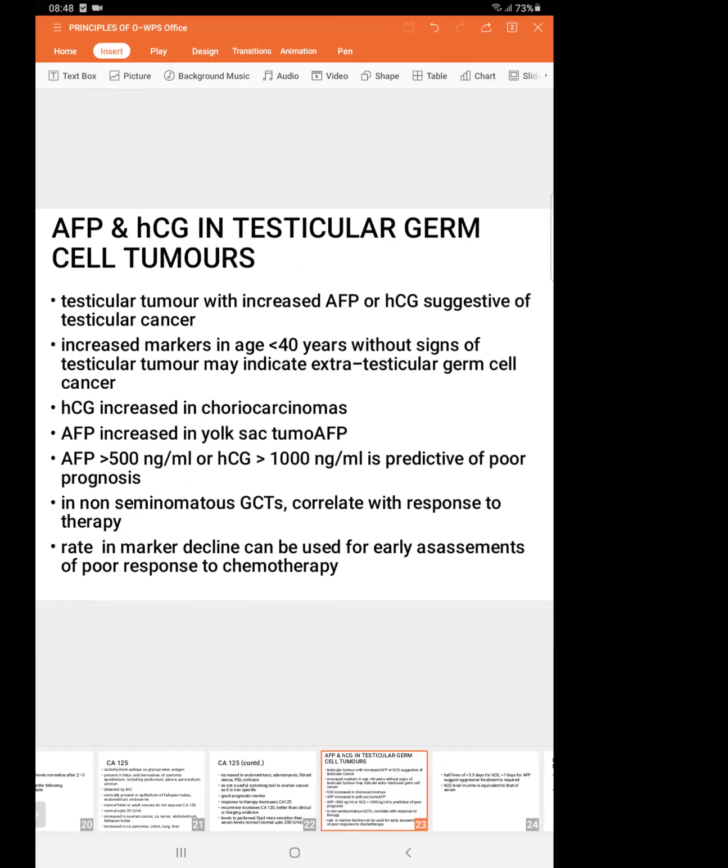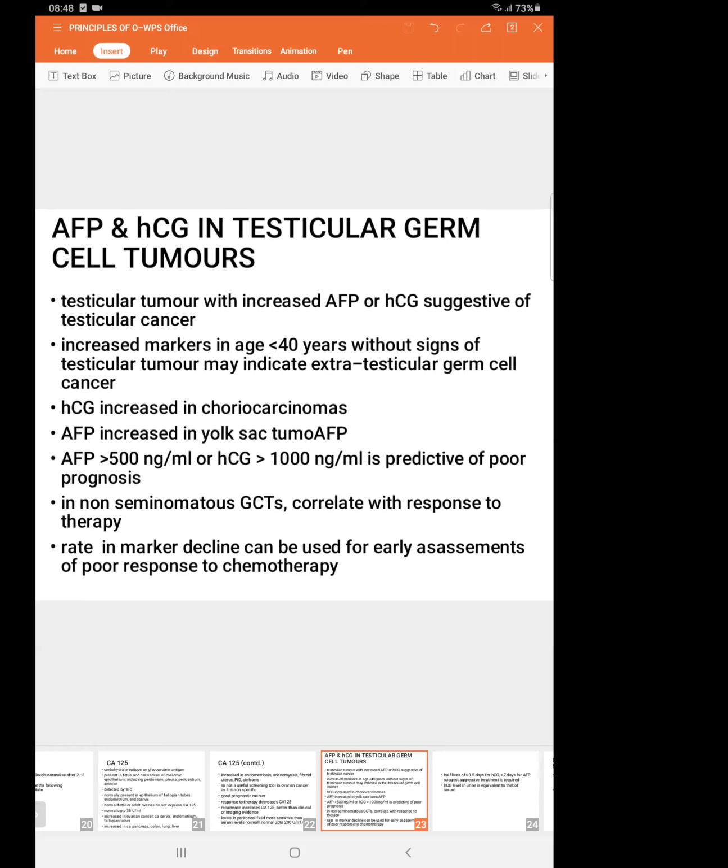Here I have presented the significance of alpha fetoprotein and beta HCG in testicular germ cell tumors. Testicular tumors with increased AFP or HCG are highly suggestive of testicular cancer, and increased markers at age less than 40 years without any signs of testicular tumor can indicate extratesticular germ cell cancer.